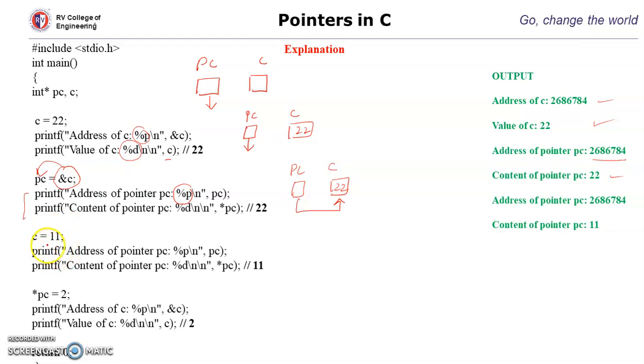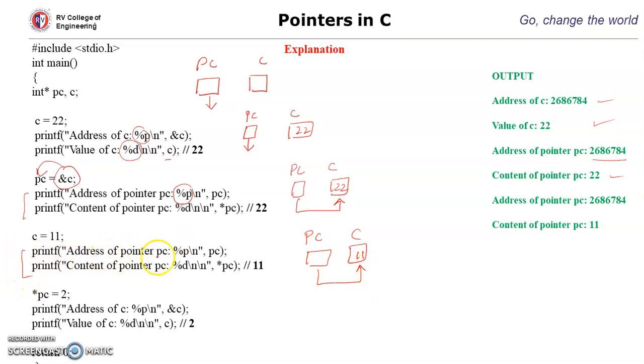Now the next is c = 11. This assigns the value 11 to variable c. So I have pc and a variable c, and now the value 11 is assigned to it, and pc is pointing to c. Now we are giving two printf statements again.